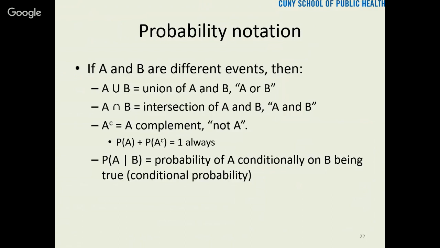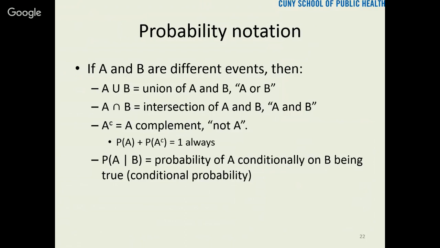The sum of these two is always 1, because the event has to either occur or not occur, even if it's something where there are many alternatives, such as rolling a dice, where if A is rolling a 1, then A complement would be rolling a 2 through 6. So it is everything else besides this one event that might happen.